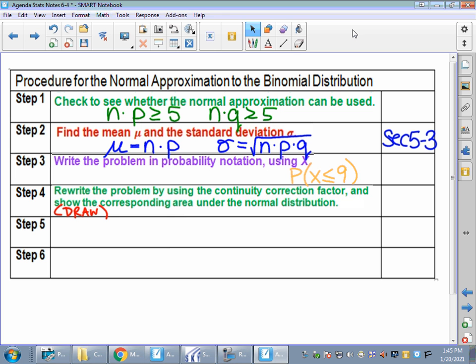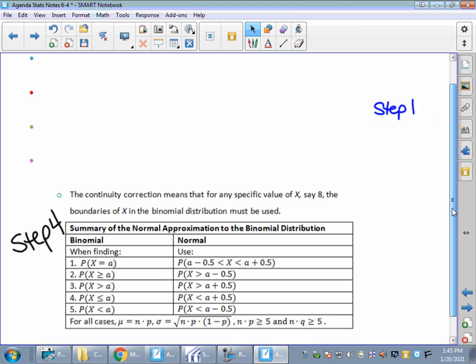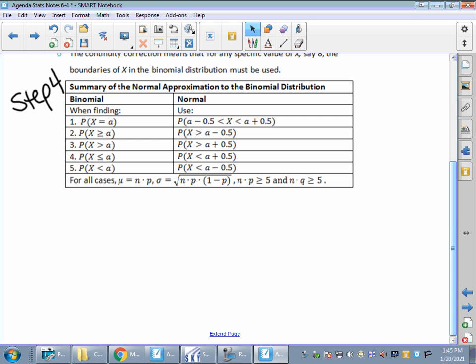So let me jump back for just a second because I used this example, x is less than or equal to 9, to get from step 3 to step 4. So I'm going to look in this table: x is less than or equal to some number. We said less than or equal to 9.